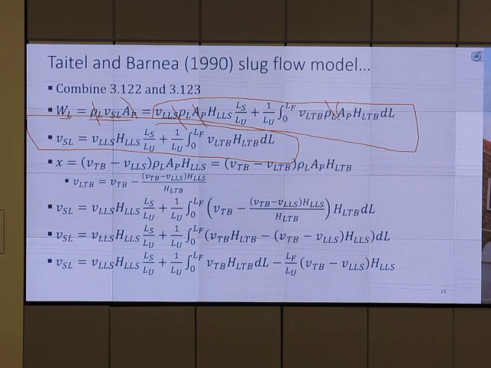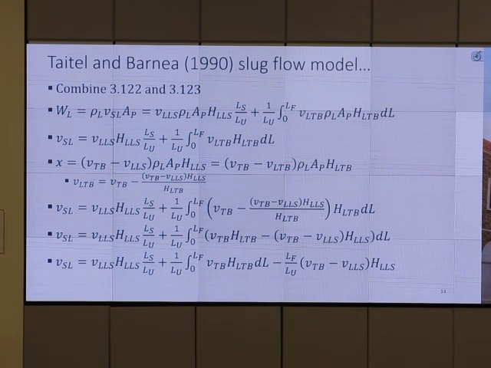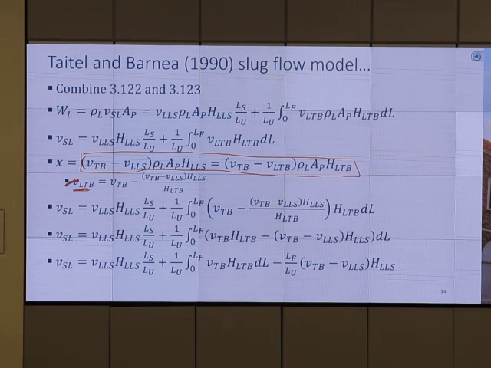We know the expression of x, substitute the expression of x in. So we have VLTB equal to VTB minus all these things. So rearrange this equation, move it to the left, move it to the right. We get this one. Good? Not good.